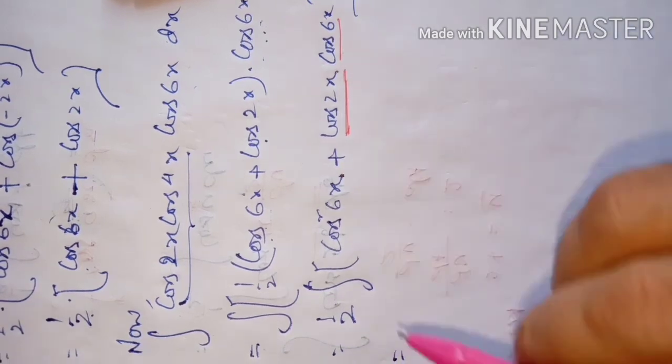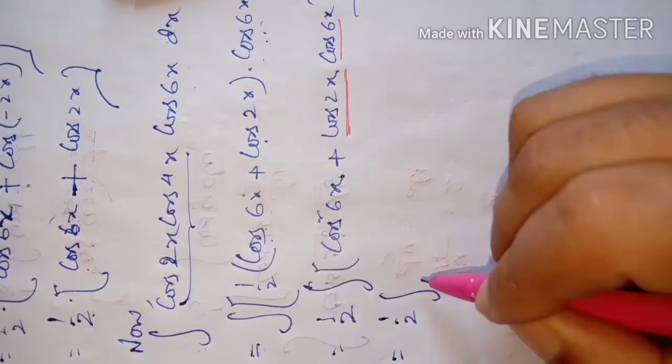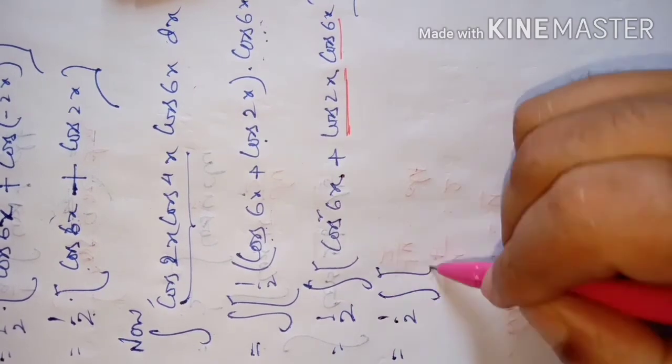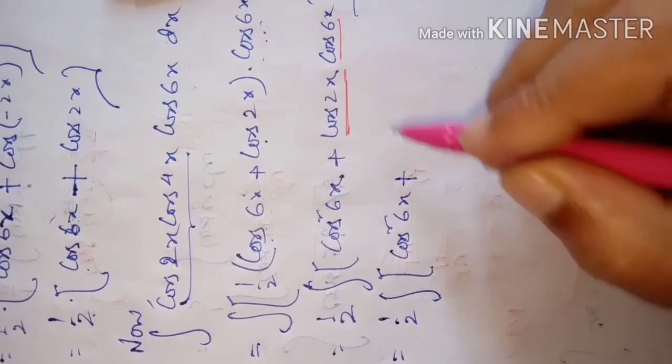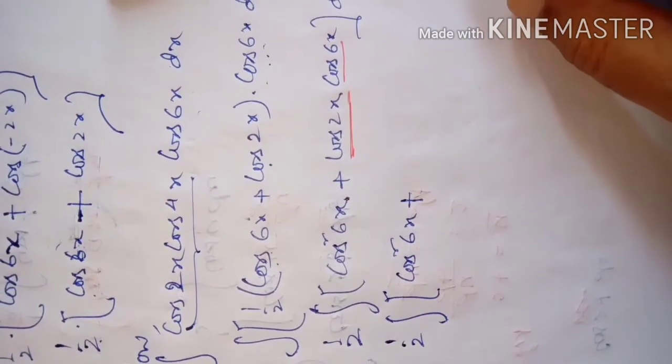So dear students, now we'll write it as the integration of cos square 6x plus cos 2x cos 6x, this is cos a cos b.